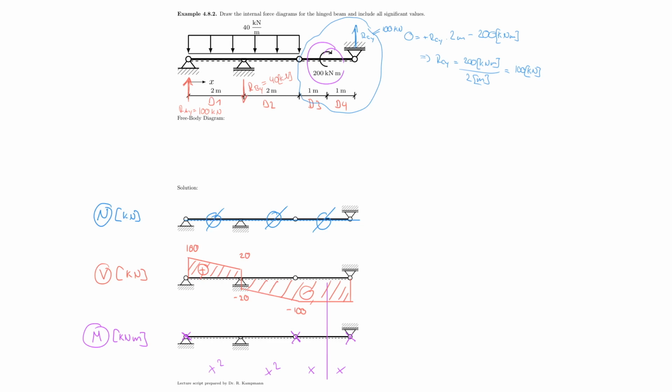So now I know a little bit more about it. I know that I must have a maximum or minimum at the location where the shear force goes through 0, and that would be here at this location at x equals 2 meters. So is it positive or negative? I have to be careful about that, but I'm starting here at 100, so I have a high slope, and then my slope gets less and less, and then I pass through 0 instantaneously.